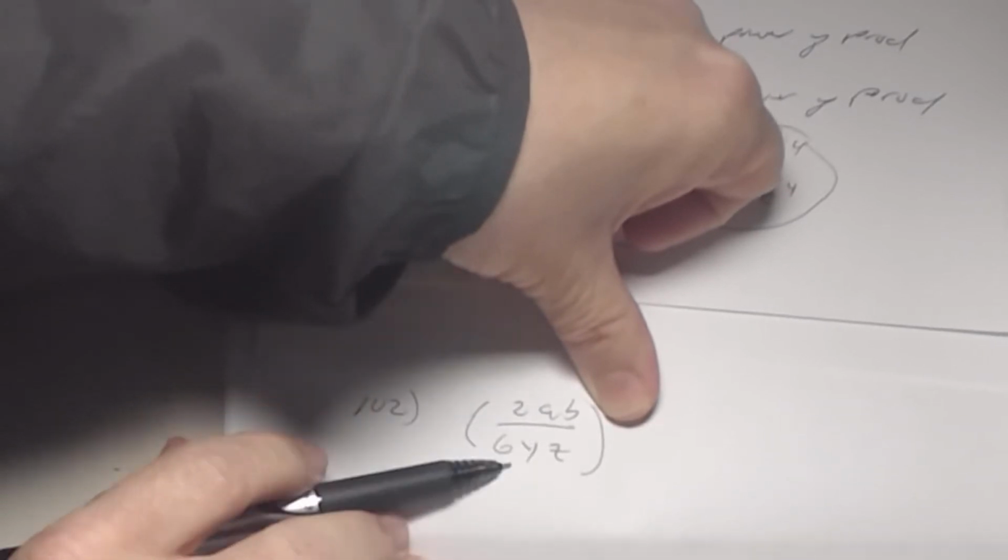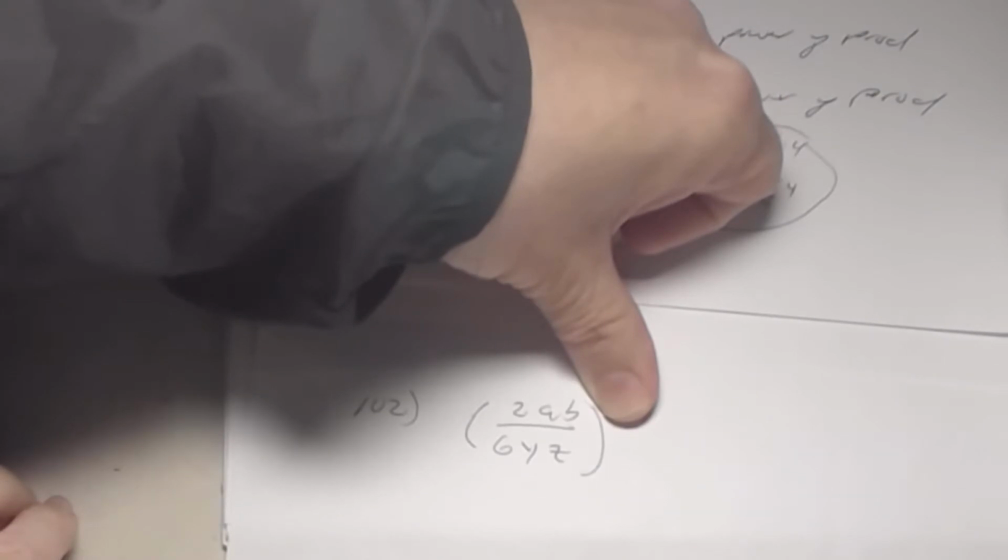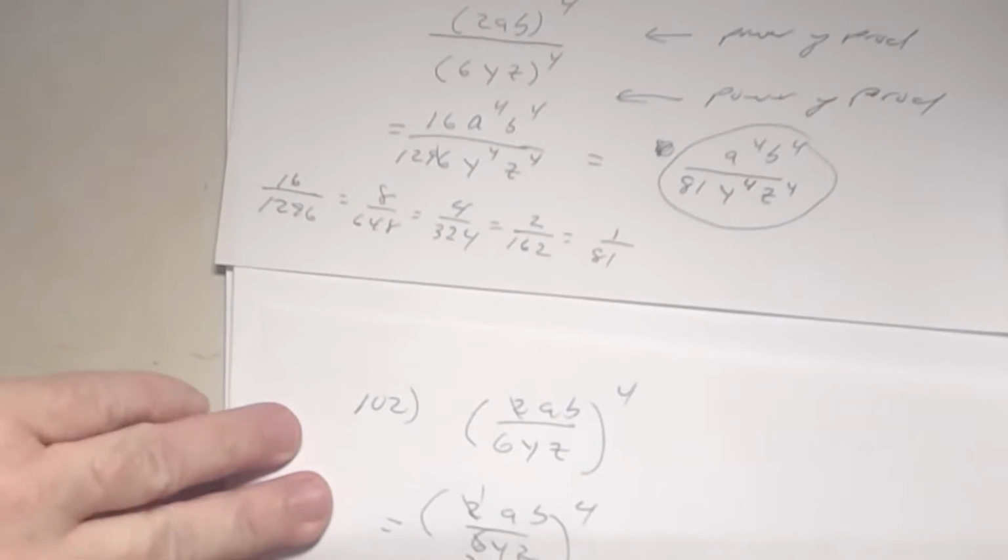Because the same variables aren't located in both numerator and denominator. But I can do what to the 2 to the 6? Reduce. So right off the bat, I can say this is 1 and this is what? 3. Okay? So the numerator is just ab. The denominator is what? 3yz. But all that now, though, is being raised to what power? 4. And now let's use the power of a quotient.